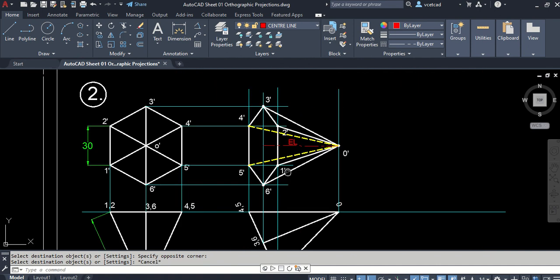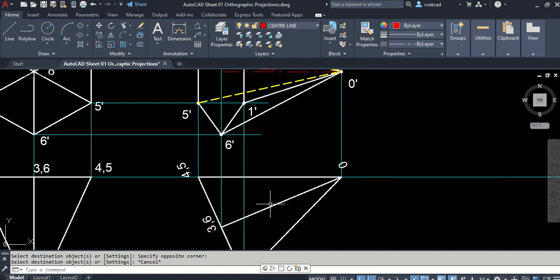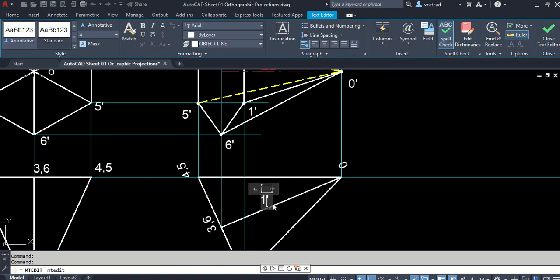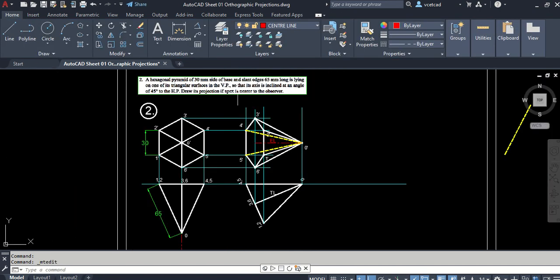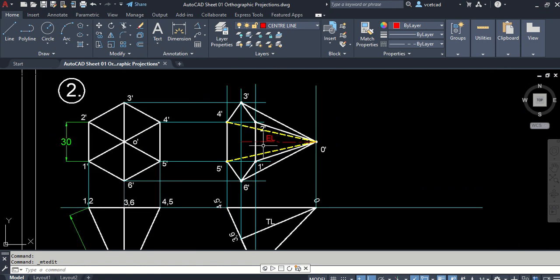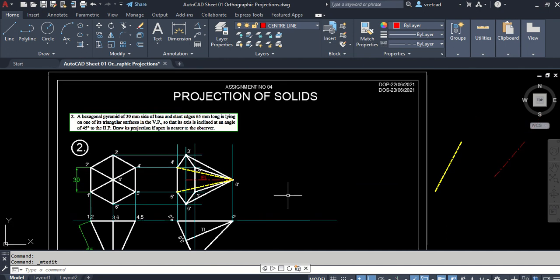So this is an elevation length, and here if I want to show the axis, this will be our plan length, sorry, the true length of an axis. Okay, so here you will get 65 millimeter as the true length of the axis. So in the question they are saying the axis is inclined at an angle 45 degree, and this is the elevation length, the front view of that axis. So in this case, whenever the axis is inclined at 45 degrees, we have to use the elevation length true length method. Now how are we going to draw that?